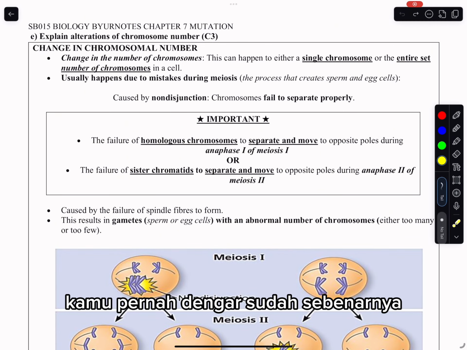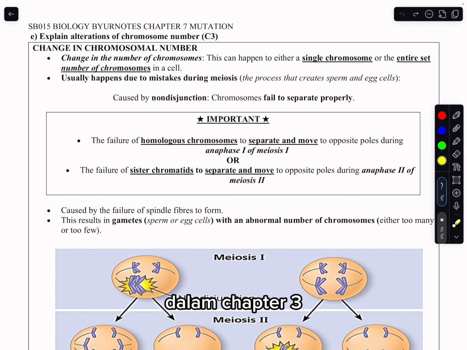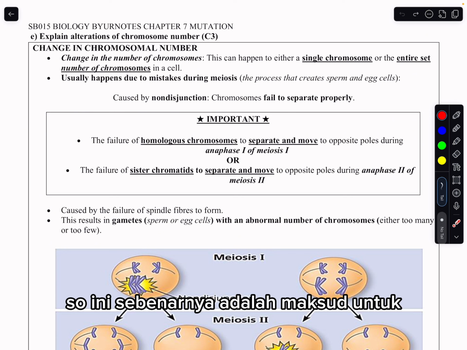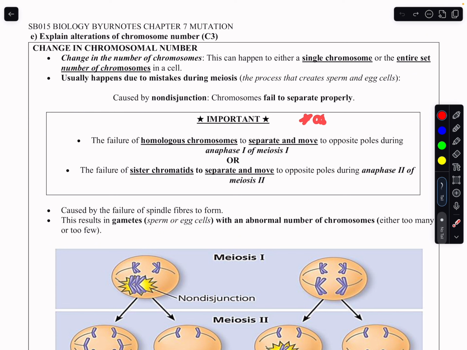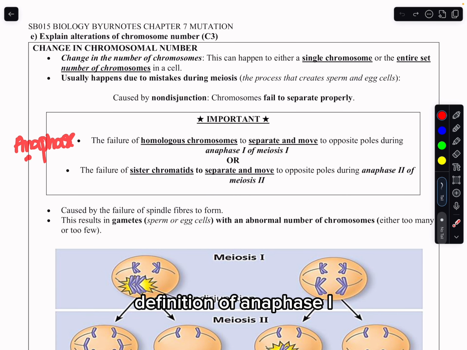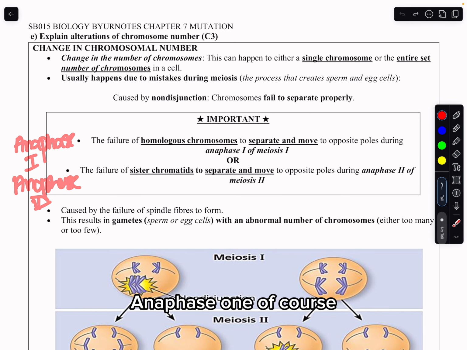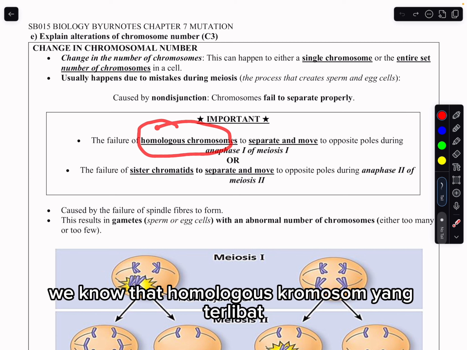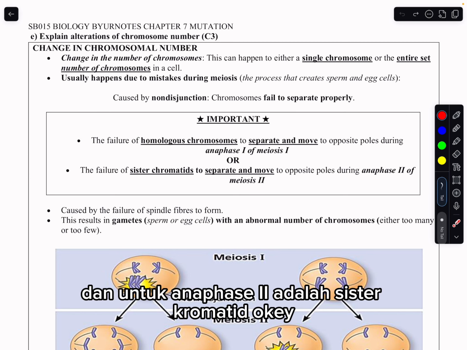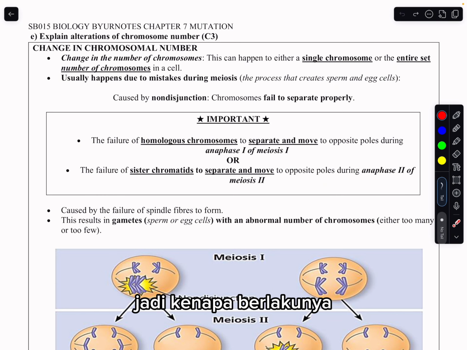Kalau kamu perasan, perkataan ini bukannya something yang kamu tak pernah dengar. Kamu pernah dengar sudah sebenarnya dalam chapter 3. So, ini sebenarnya adalah maksud untuk anaphase. Jadi, that is why ini adalah definition of anaphase 1. Ini adalah di bawah untuk anaphase 2. Anaphase 1, of course, we know that homologous chromosome yang terlibat, dan untuk anaphase 2 adalah sister chromatid. Okay? Jadi, kenapa berlakunya failure ni?